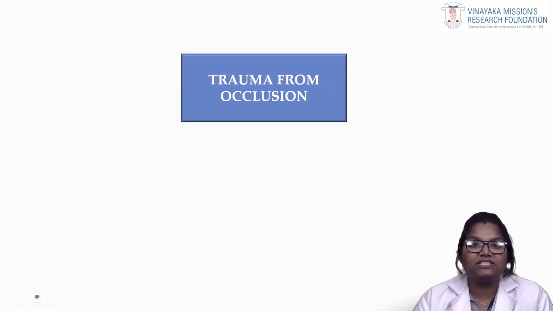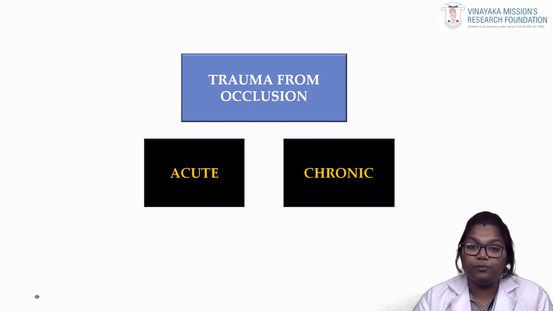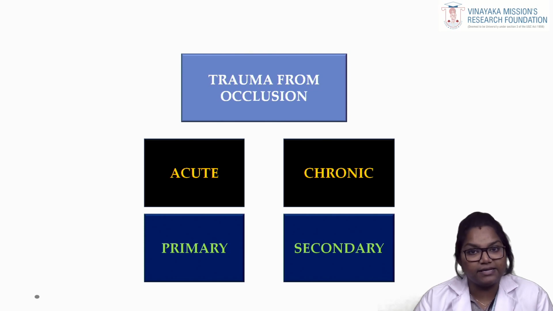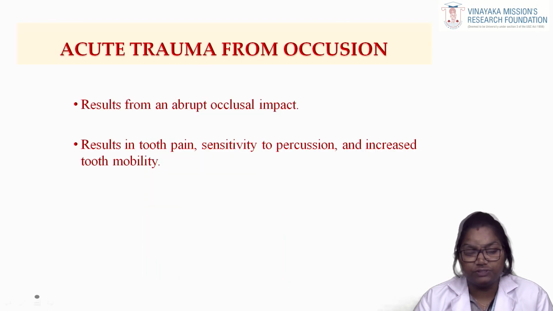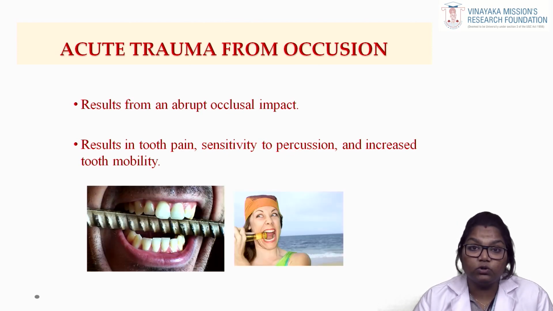So coming to the classification of trauma from occlusion. Trauma from occlusion can be divided into two types: the first is based on time, that is acute and chronic, and the second is based on tissues, that is primary and secondary. So what is acute trauma from occlusion? It results from abrupt occlusal impact such as biting on hard objects.